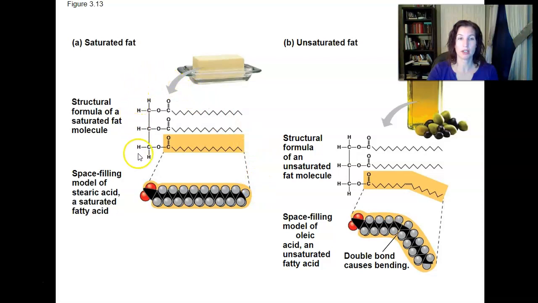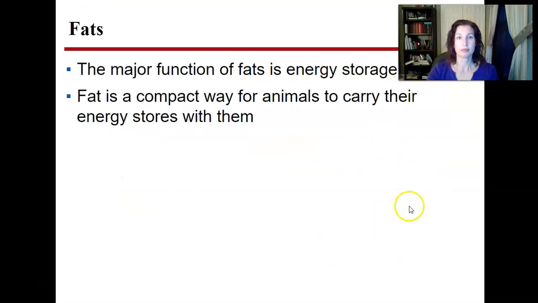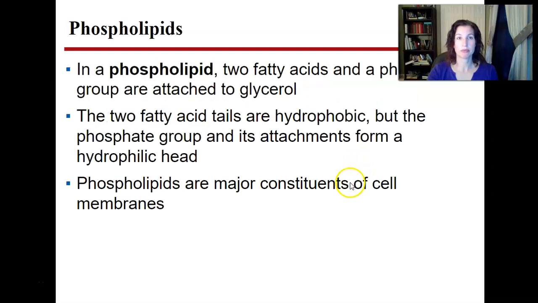Here's the glycerol, here's the 3 fatty acids, no double bonds in there. Unsaturated fat, here's our glycerol, here's our 3 fatty acids, and you can see there is a double bond. Major function of fats is energy storage, long-term energy storage.